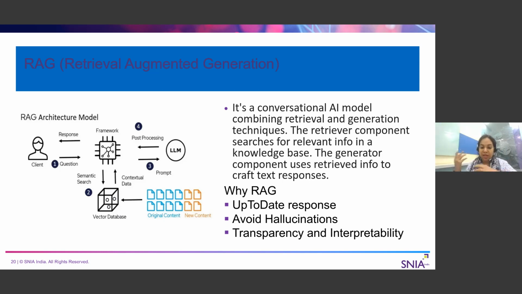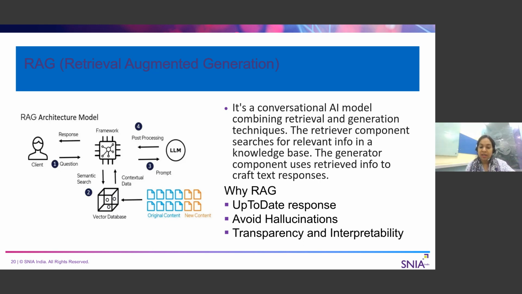You give it back to the LLM, and the LLM will rephrase it and give it as a response to the client. So the RAG model generally works by first using the LLM to understand the query that the client has given, then the LLM uses this understanding to retrieve relevant information from the source or the database that you see. And then the LLM generates a response and gives it back to the client.